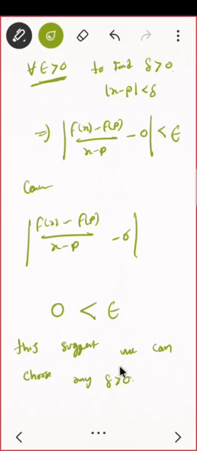Correct? Because delta से depend ही नहीं कर रहा है ये बंदा. This is coming as 0. Correct? And 0 is always less than epsilon because I am taking my epsilon positive, so I don't have to struggle. So hence proved. Hence function is differentiable at p, and p was any arbitrary point. So f is differentiable and derivative का value क्या है? 0 है. This is the value for derivative. That's it.